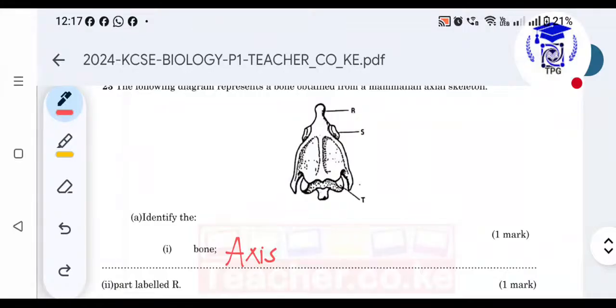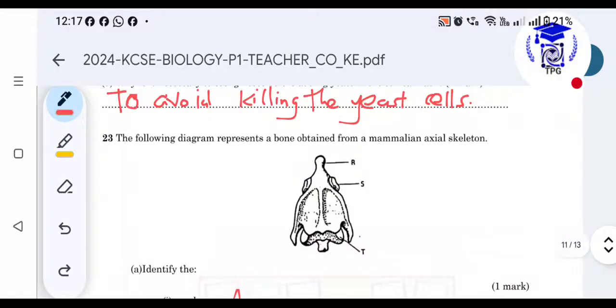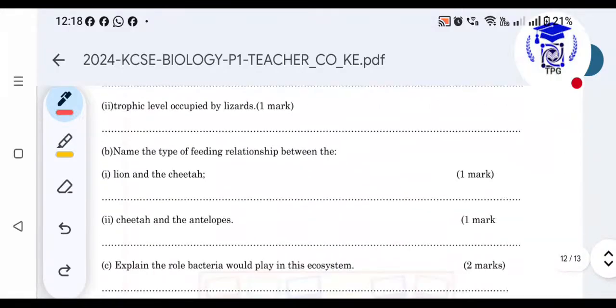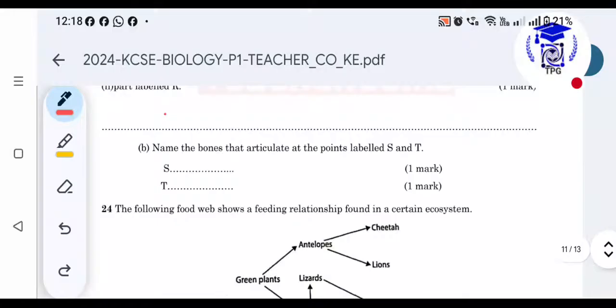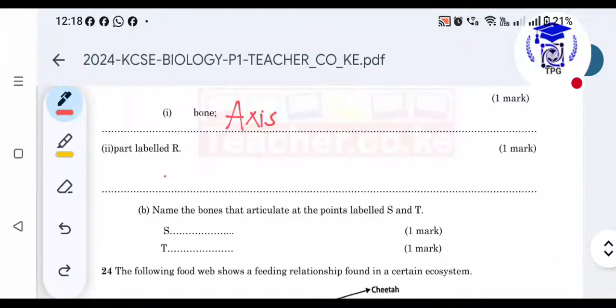Ukiona tu hiyo mshale inakaa hivyo, wewe ujue hiyo ni odontoid process.